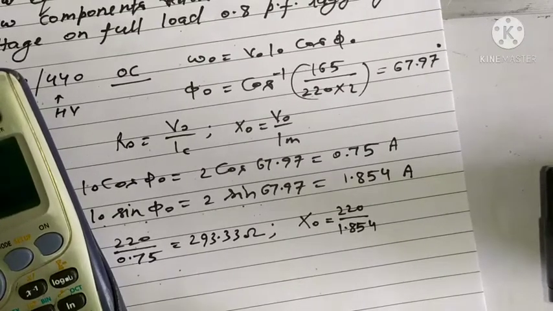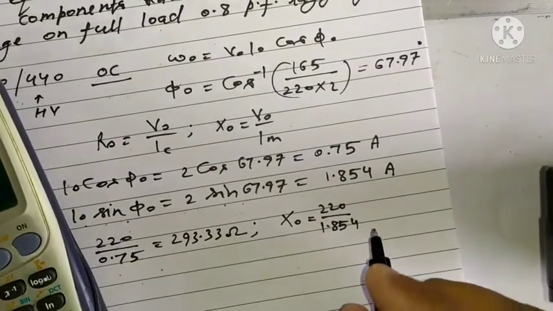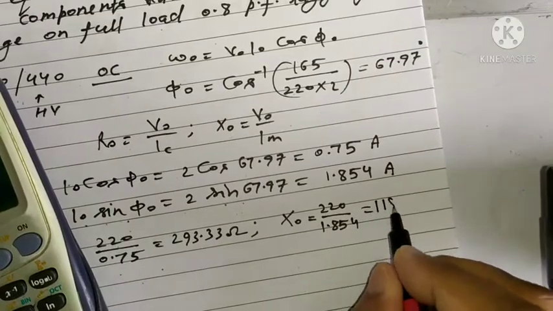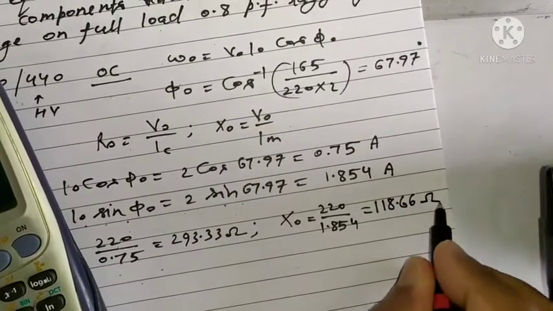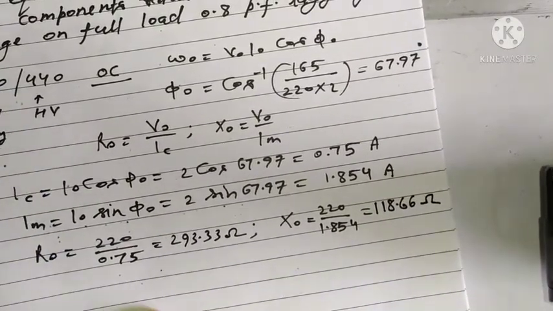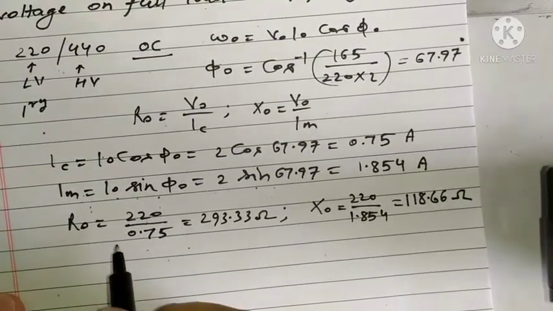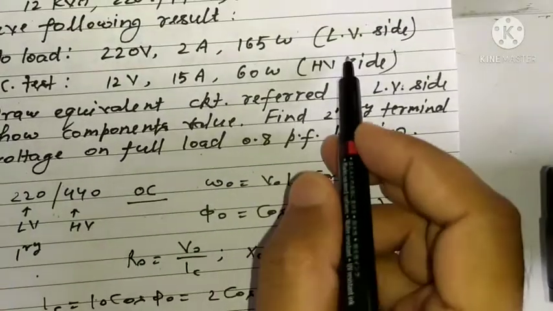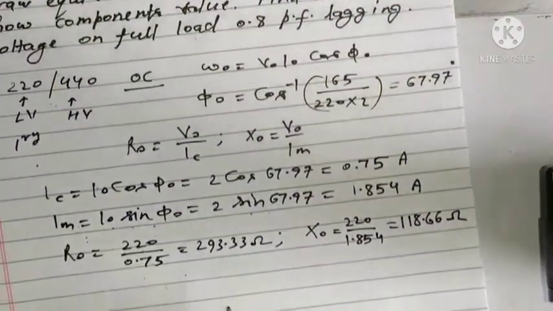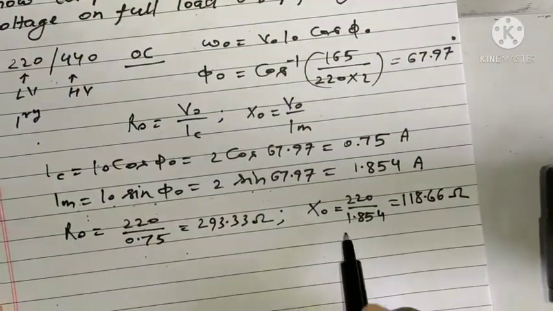It comes as 118.66 ohm. So we got two circuit parameters from the no load test, R naught and X naught. The OC test is conducted on LV and LV side is primary, so these circuit parameters are of the primary side.